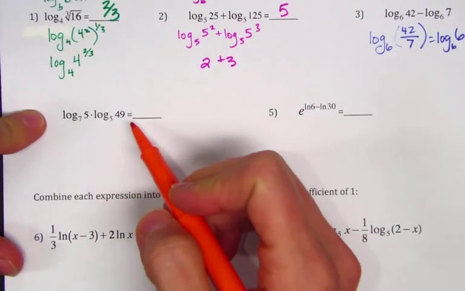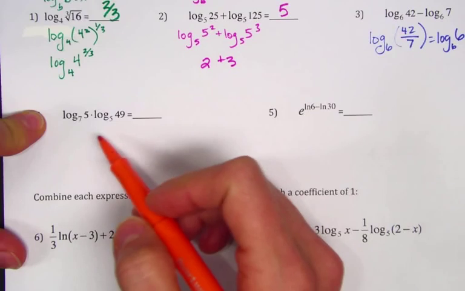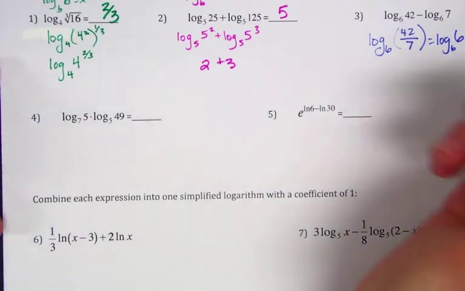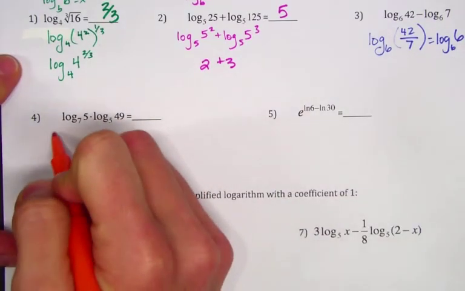When I look at this one, I'm like, all right, well, they have different bases. I have a number, so there's not really much for me to work with here. So the best approach is to use the change of base. So the change of base, we're going to take the log of the number divided by the log of the base. You can pick log, you can pick natural log, you can pick log of any base. I'm just going to go ahead and do the common log, which is log base 10.